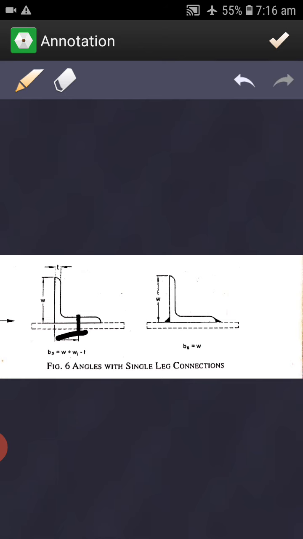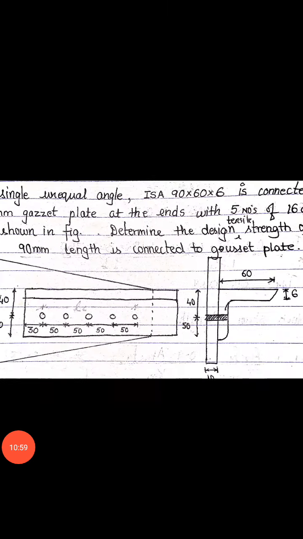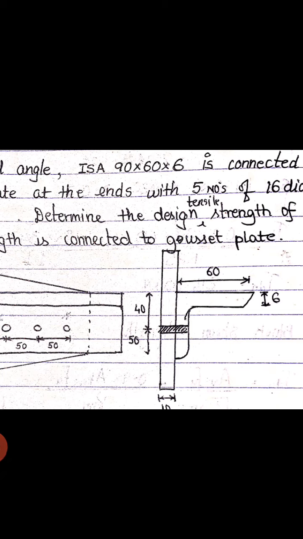So that is Wi minus T we have to take. In case of welded connection, BS is equal to W, means BS is equal to the width of the outstanding leg. Okay, understood? So in our problem, our W is 60 and Wi is 40.